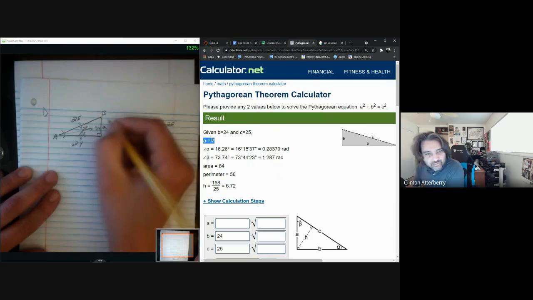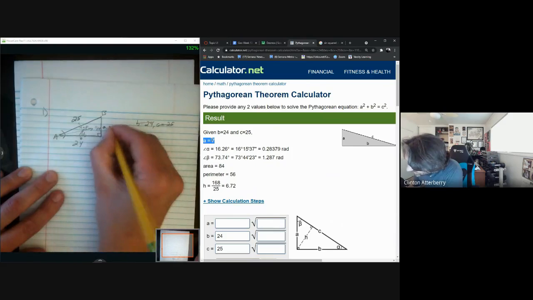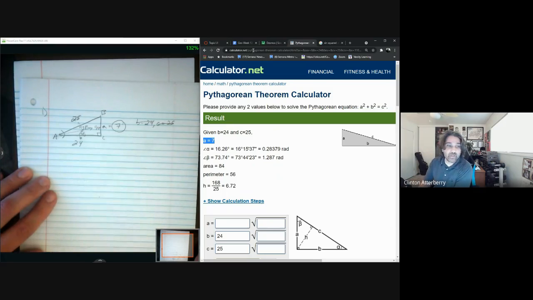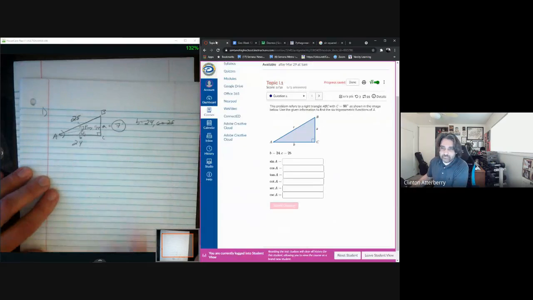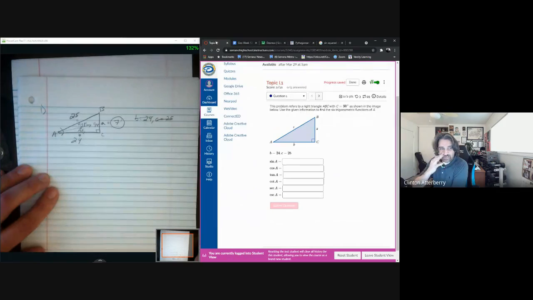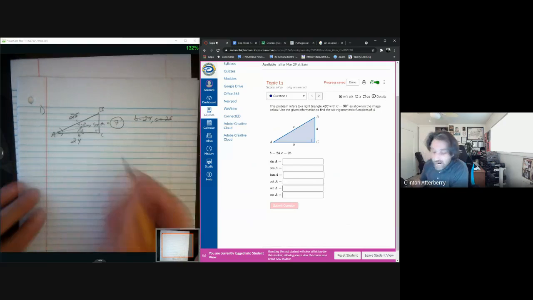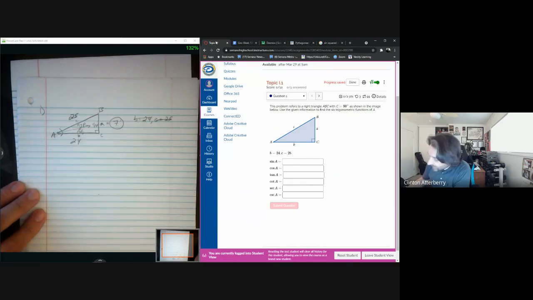When I do the Pythagorean theorem calculator, that's going to equal just 7. You're going to have to do that first for this problem. So draw it out, use a calculator, or do the Pythagorean theorem: A squared plus B squared is C squared. So A squared plus 24 squared equals 25 squared, and you can solve it from there. I recommend just using a calculator so you can move on.